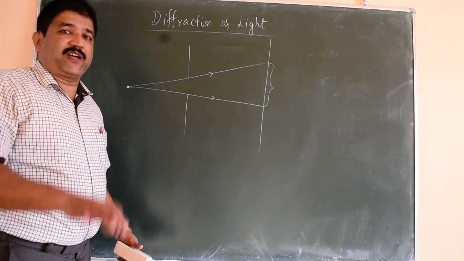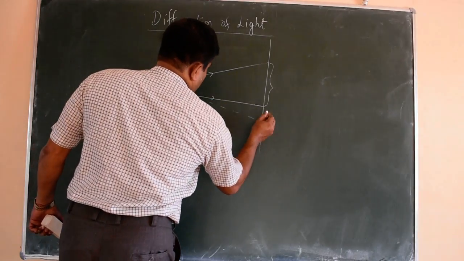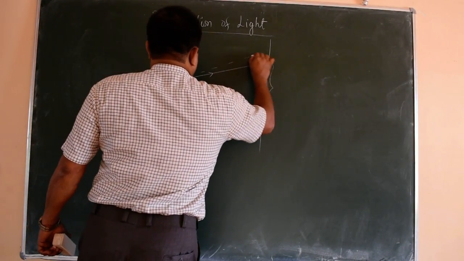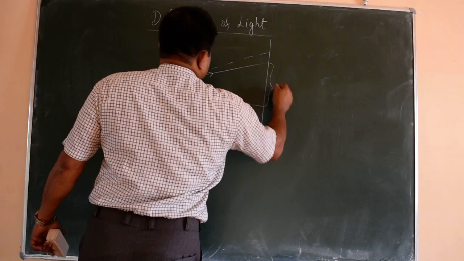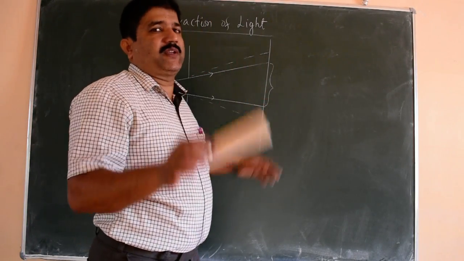But because of the diffraction phenomenon, at the edges, the light will spread into the expected geometrical shadow. So this much region, not a line actually, it is a circular region.